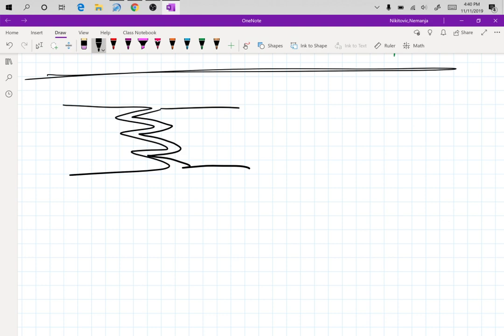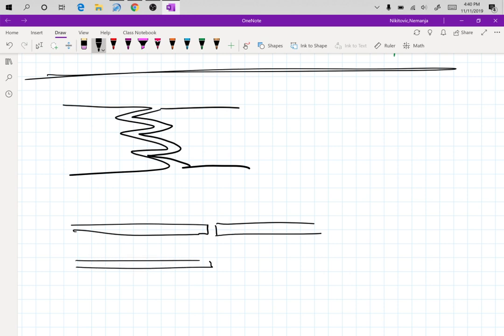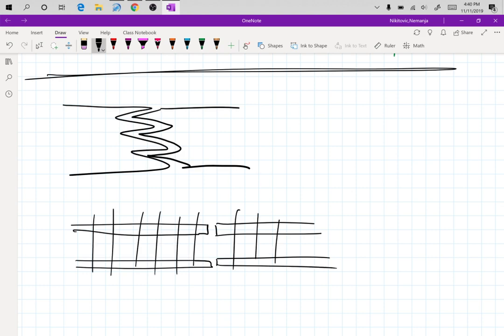So there's the length of the rail, and then a gap, and then another rail, and another gap, and so on.